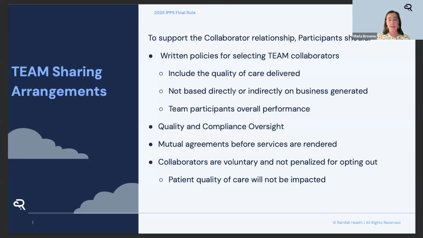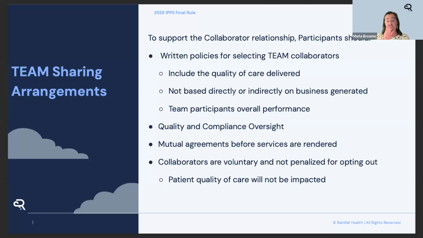They should not be based, obviously, on highest referral volume or business generated between the two. We're looking for those quality collaborators that can help advance our model design in our particular hospital. So in addition to quality of care, it's very important to consider how they're going to contribute to your overall performance as a team participant.